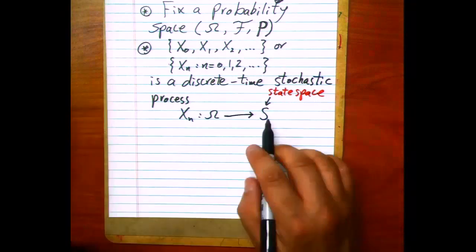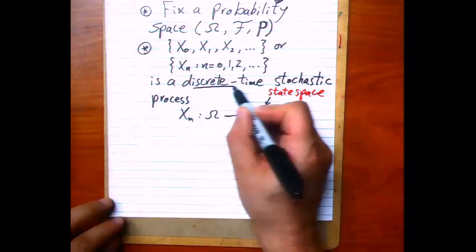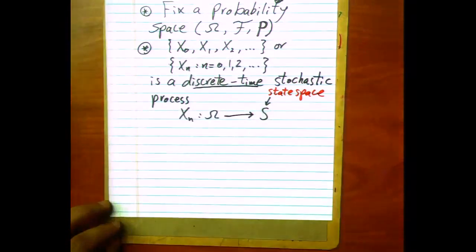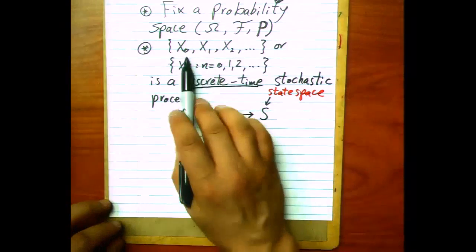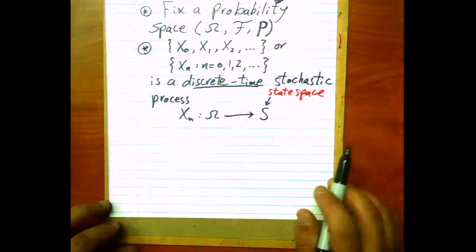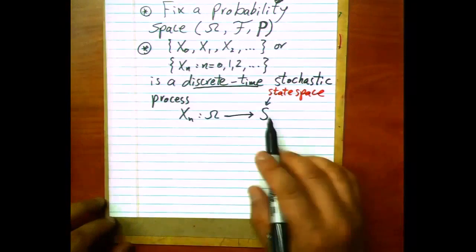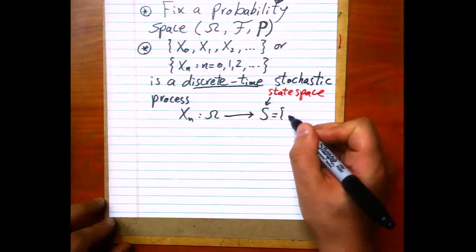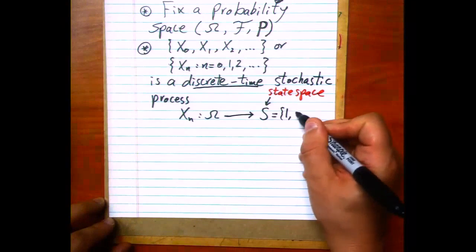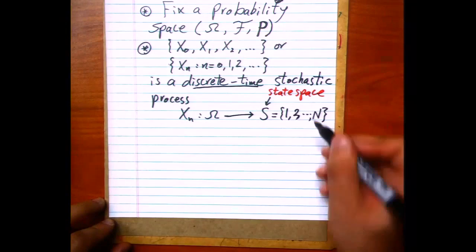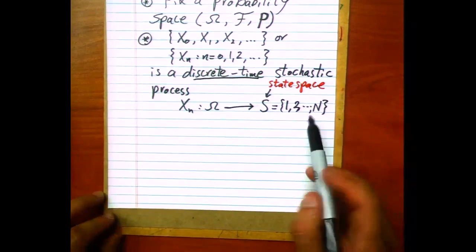We call it discrete time because, as you can see here, the index is discrete. It takes values X0, X1, X2, etc. at discrete times. It has a discrete state space if S itself is discrete, just like if S is the set 1, 2, etc. up to, say, some finite n. Then it's also a discrete state space.